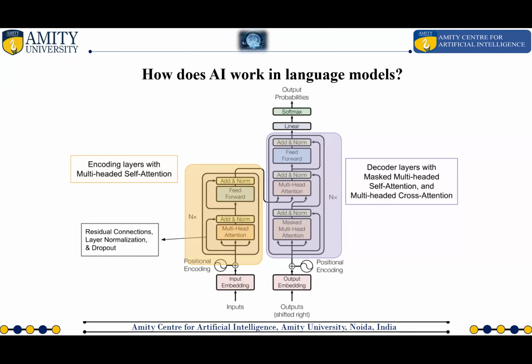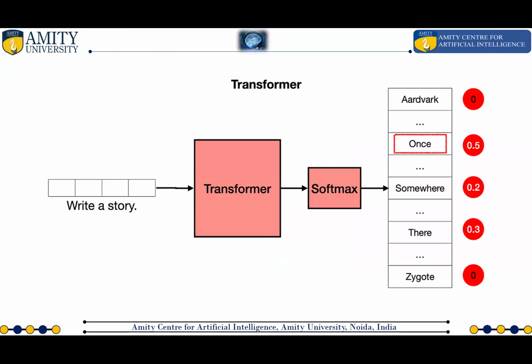At the decoder part, we have the output from the encoder, and then it generates the text. The important part here, at the last, is the linear classifier and softmax layer. For example, it has been shown here that we have given the text write a story to the transformer, and at the decoder part, the softmax layer produces probability distributions over the vocabulary words for the next token prediction.